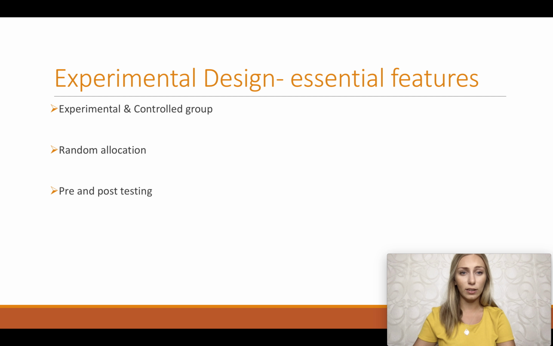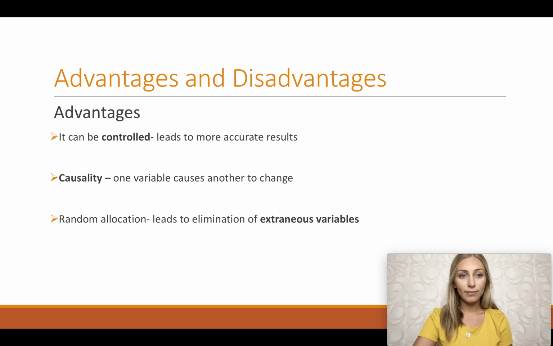It also helps us to represent the larger population, as the larger population involves random people, so different ages, different genders, etc. The experimental design also includes pre and post testing. You need to pre and post test both the experimental and control groups before and after the study so that you can compare if the independent variable has made any difference.